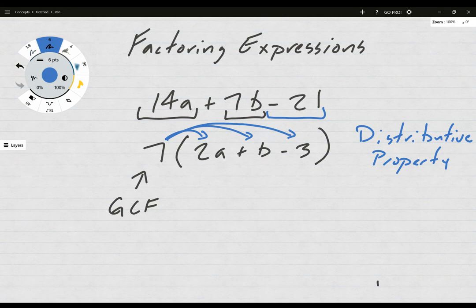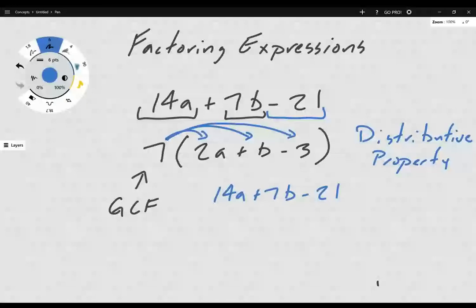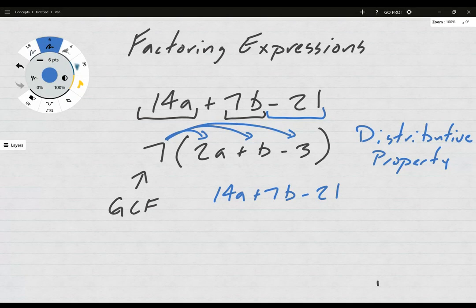But just to double check, 7 multiplied by 2a is 14a, 7 multiplied by b is 7b, and then 7 multiplied by negative 3 is negative 21. So that checks out. So this is factoring expressions when I have more than one variable term.